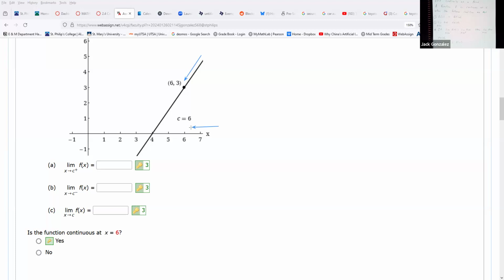As x approaches 6, the y's are going to 3 from the right-hand side, the plus side. Hence, the answer is 3. From the left side, as I approach 6 from the left, what is the y value doing? It's going to 3. So since the limit from the right is the same as the limit from the left, then the limit exists. This is just the general limit, right?